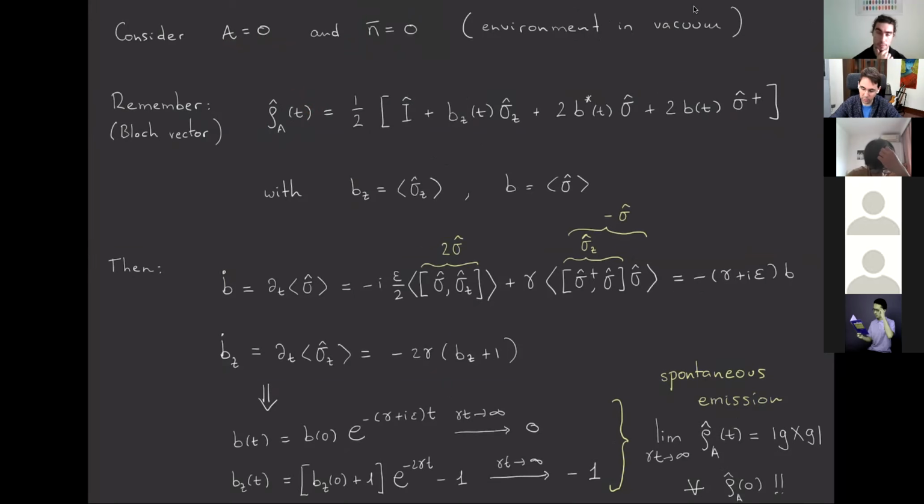And in particular, what we saw is that the atomic state, for long times, independently of what is the initial state of the atom, will end up in the ground state, okay? And this is a process that we call spontaneous emission, okay?